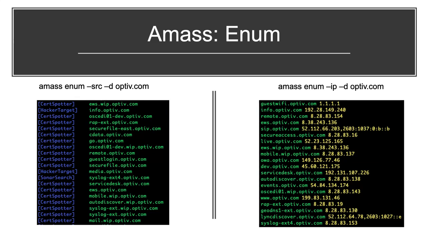Because if you use the alterations data source, it'll send a ton of traffic over the wire. And if the argument isn't included in the command, it'll just take forever. You'll just get a ton of records and a ton of information that you're not looking for.